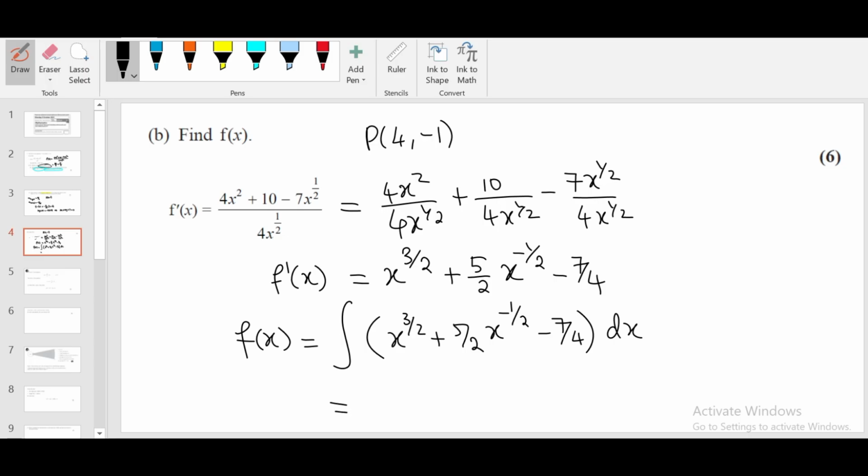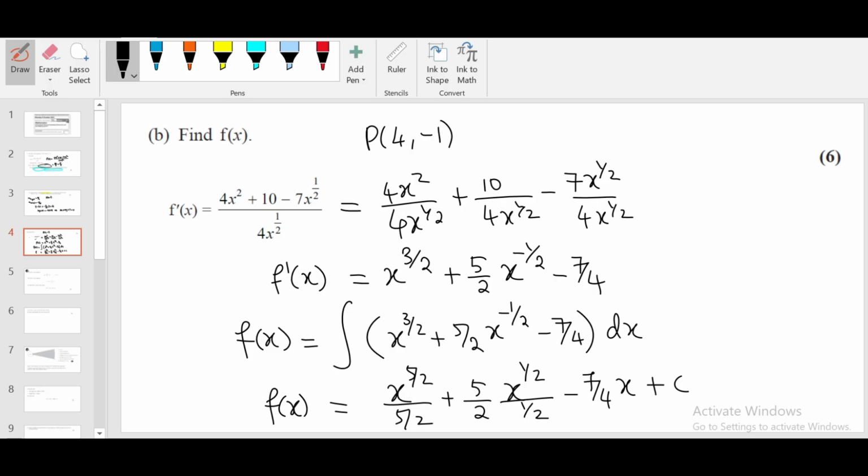Integrated, you'll get x power 3 over 2 plus 1, which is 5 over 2, divided by 5 over 2, plus x power minus half plus 1, which is positive half, divided by positive half, minus 7 over 4x plus c. That's f of x. That's just basic integration. Now we need to sub in this point in here to find the value of c. That's what we are going to do next.